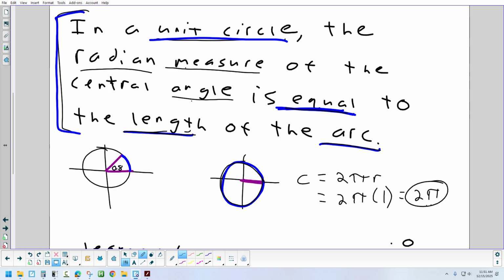So the length of the arc is equal to... Well, yes, that is my circumference. But the circumference is equal to the angle measured in radians, yes. So the circumference is 2 pi. So how many radians does it take to go all the way around the circle?